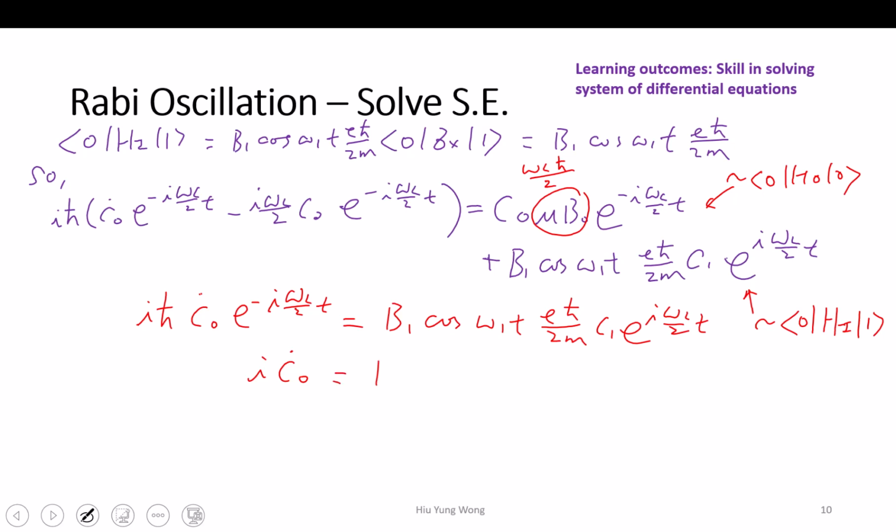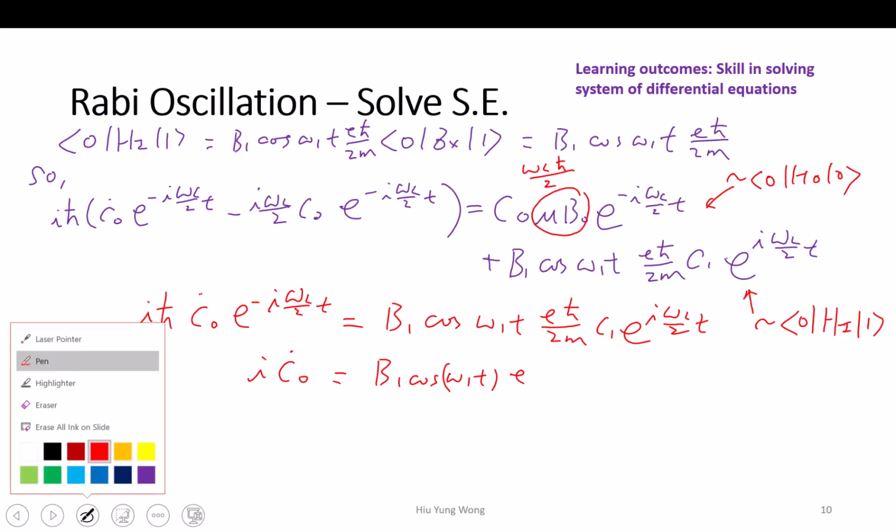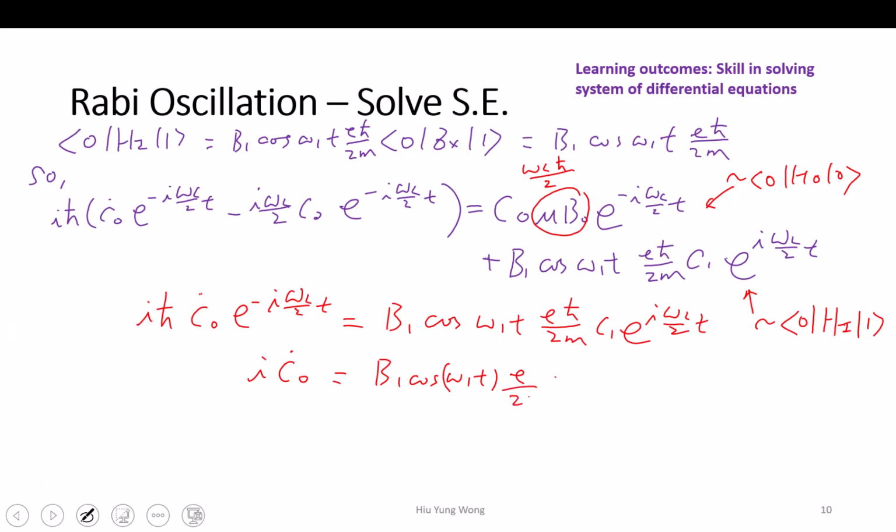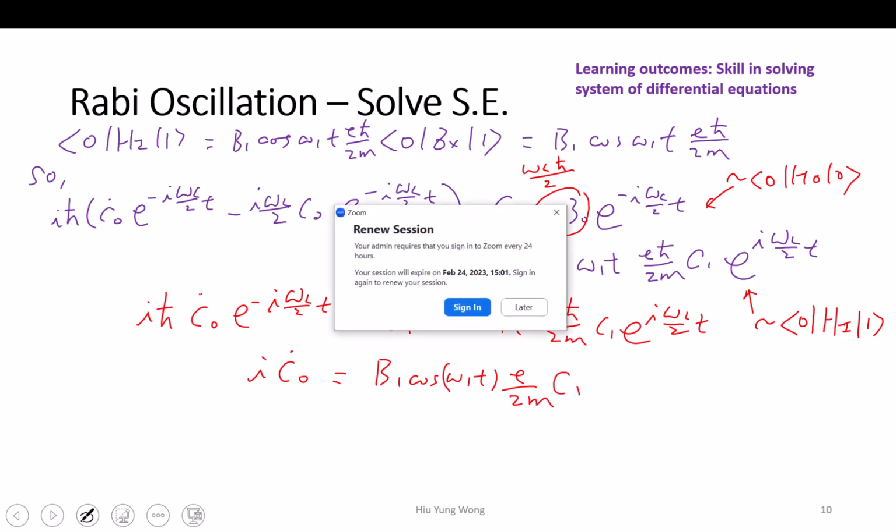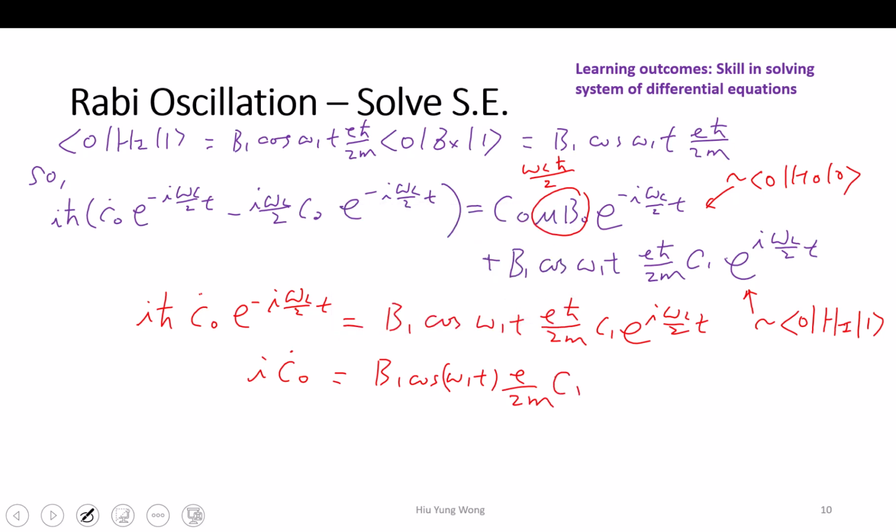So I have B1 cosine ω1t times e divided by 2m, and we have C1, and then we get e to the power iω_L t, because I just moved this term to here.